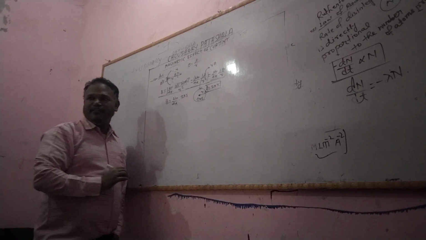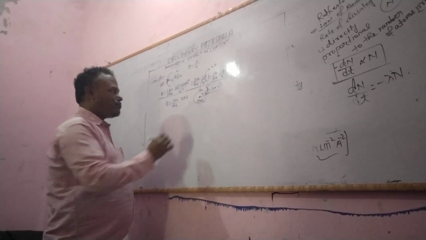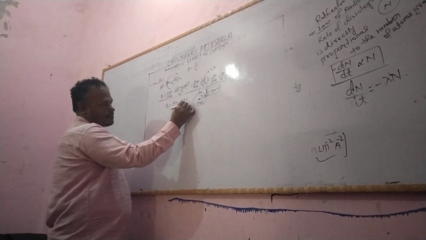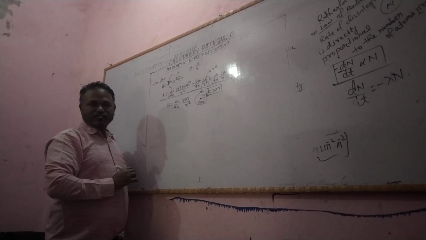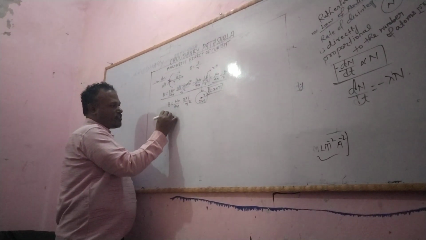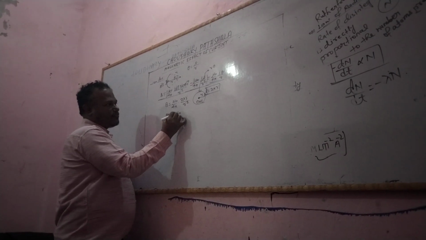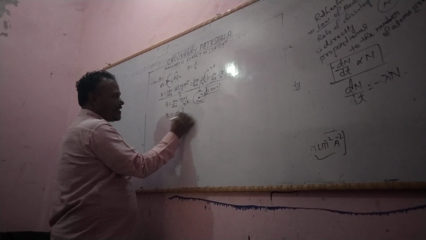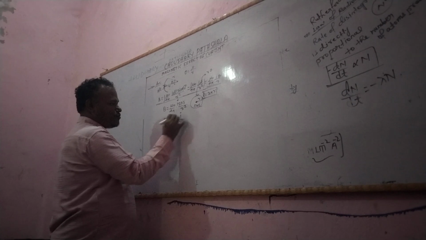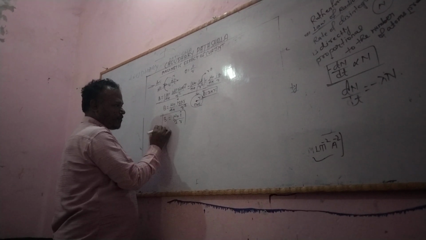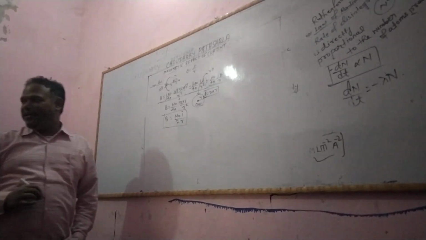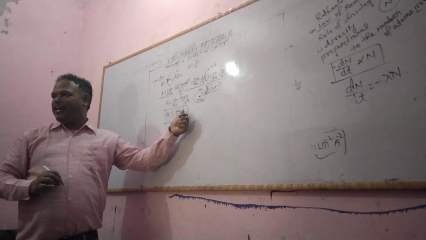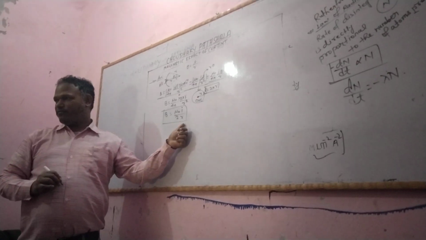Are you understanding? So it is 2 pi r upon r square. And if you cut all these terms, then you will get I. So this is mu naught I upon 2r. The magnetic field at the center of a circle is given by mu naught I upon 2r.